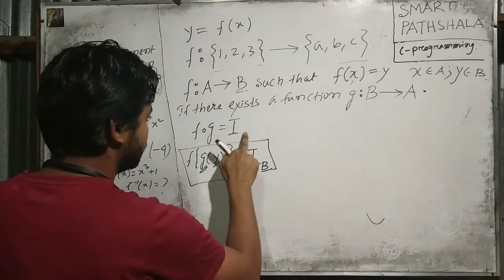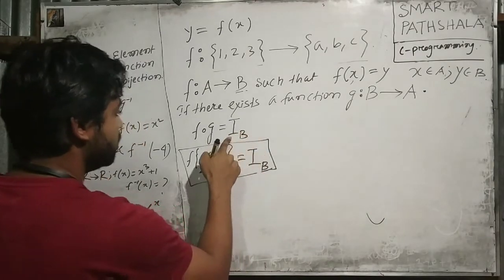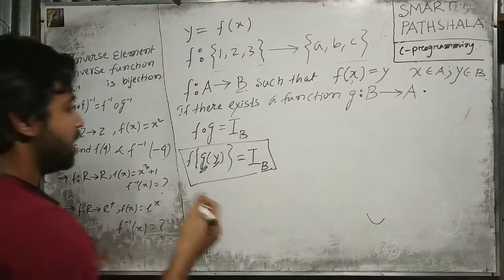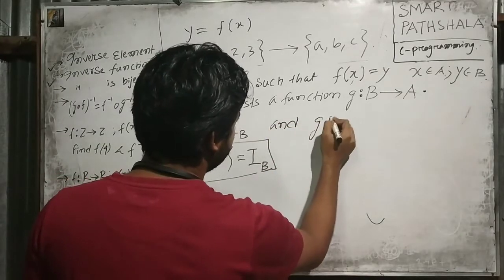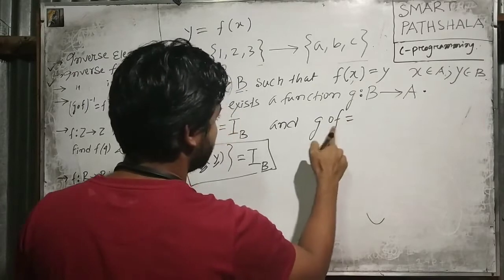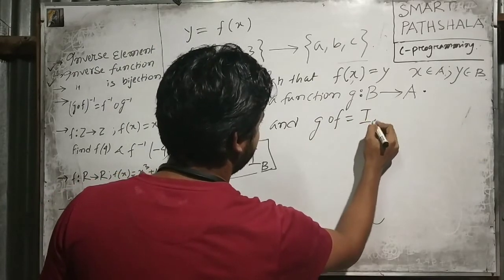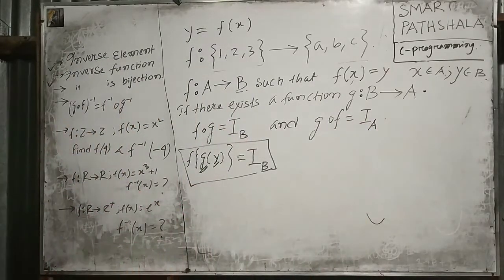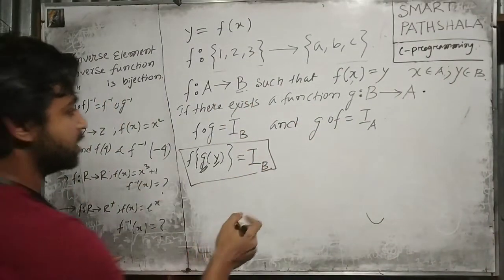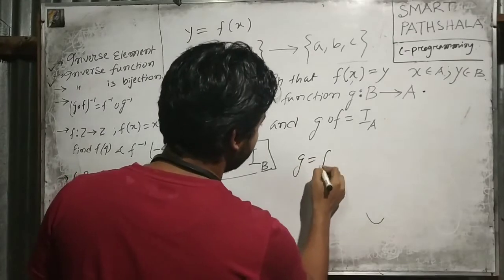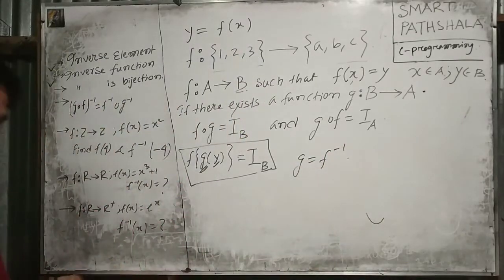So f of g is equal to I of B. And the commutative one, that is g of f, should be I of A. Now if these conditions exist, then we can say that g will be f inverse.